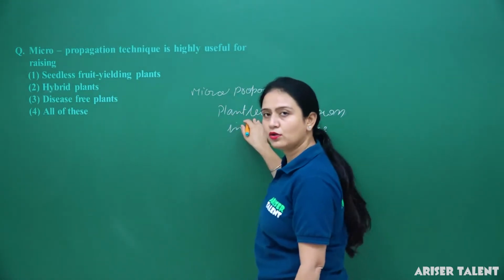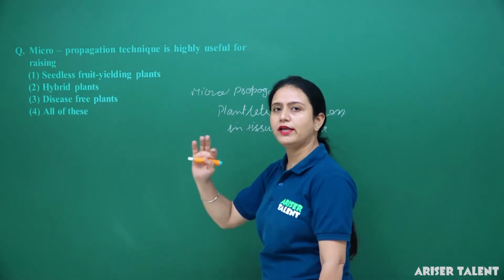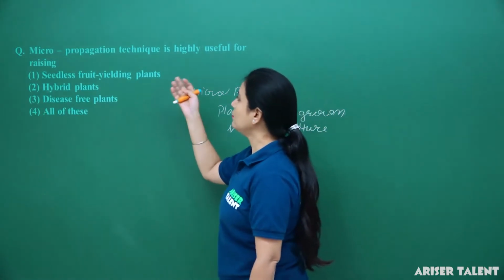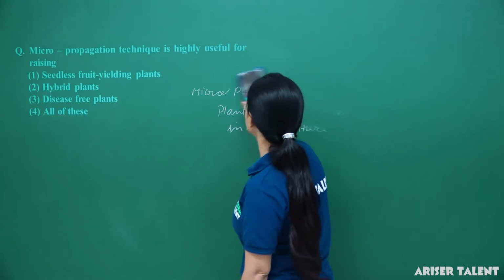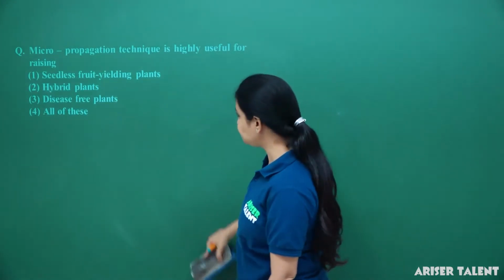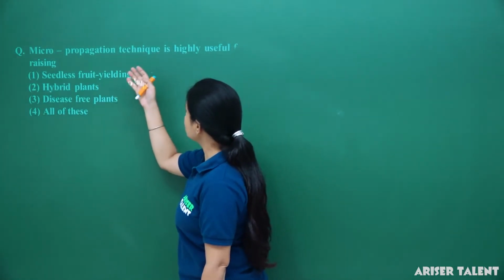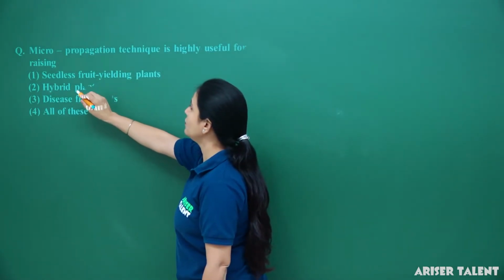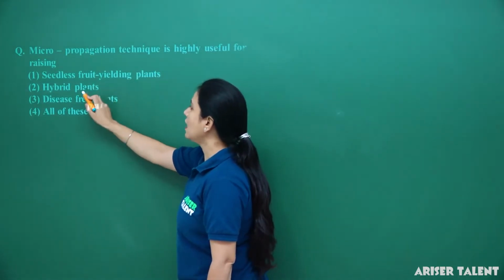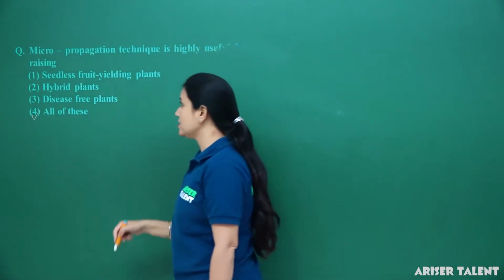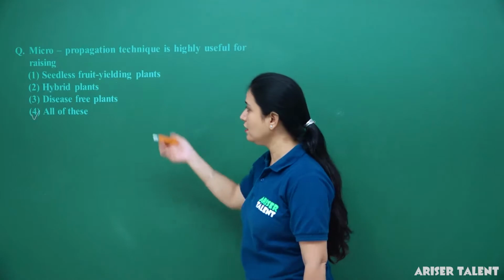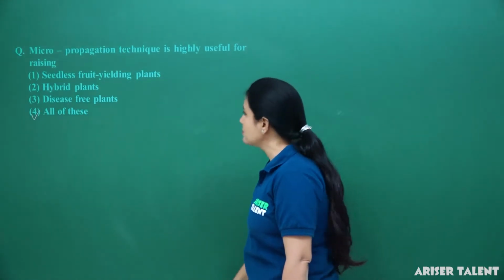Once the plantlets are grown in the tissue culture, only then are they planted outside. So this method is known as micropropagation. What is this technique used for? This is useful for seedless fruit yielding plants, hybrid plants, disease free plants. So the option is all of these. Generally, micropropagation is done to get all these features.